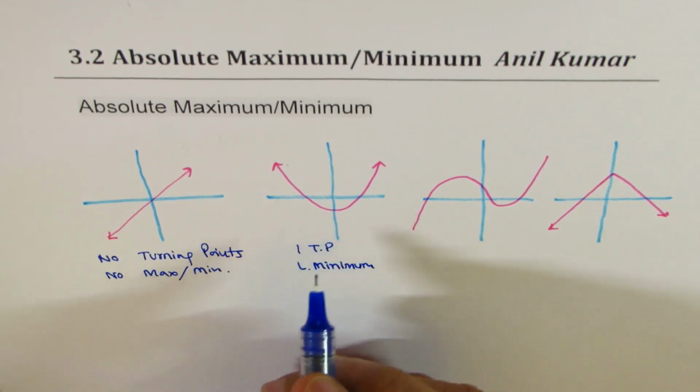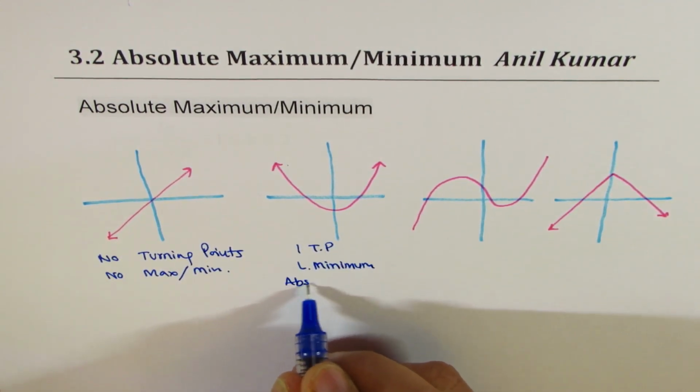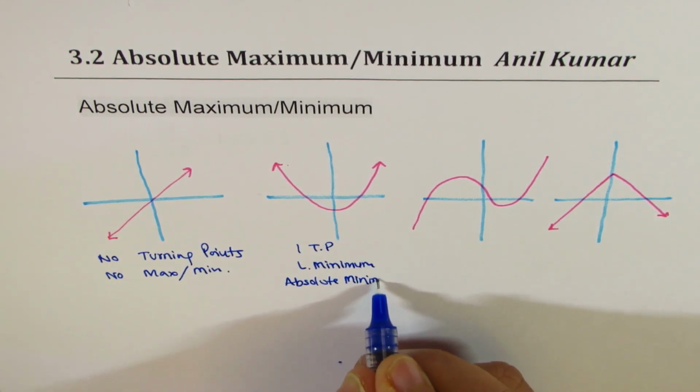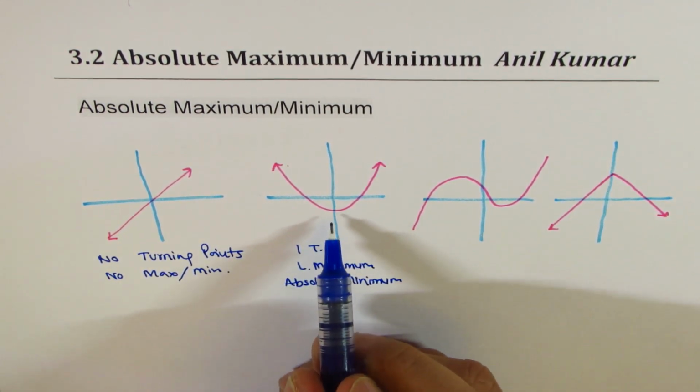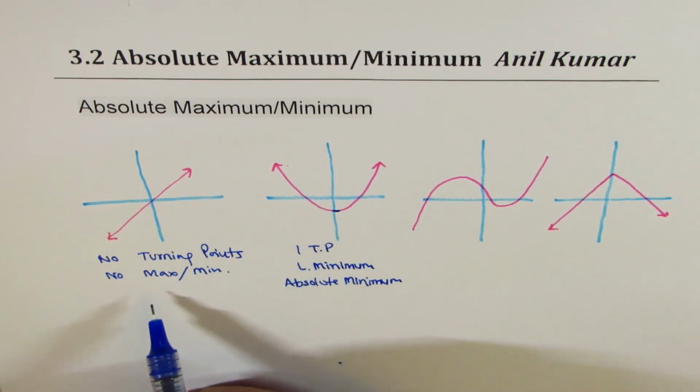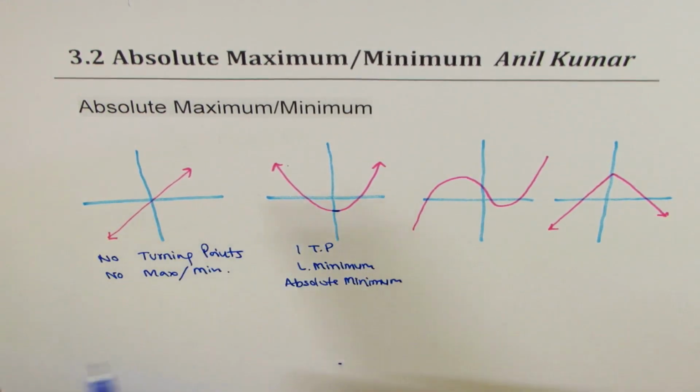If you see, that is also an absolute minimum. It is the absolute minimum because no other value is lower than this value. That is what we mean by absolute minimum.